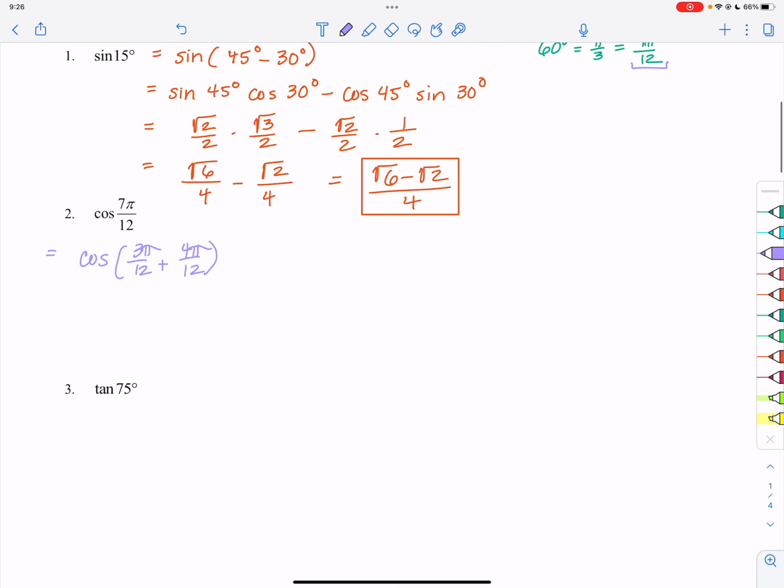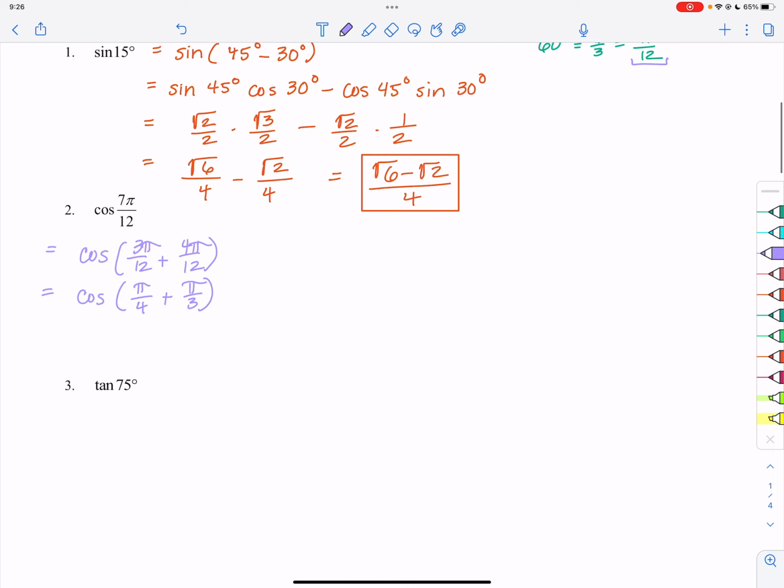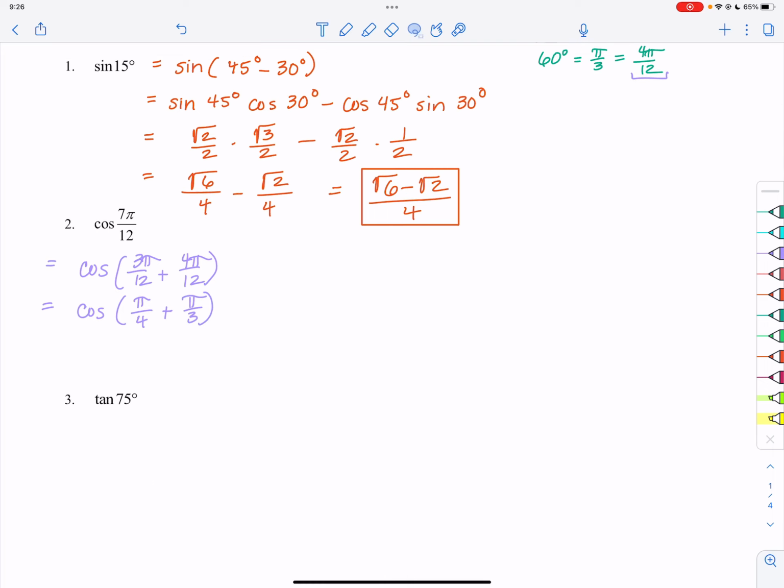So this is equal to the cosine of 3 pi over 12, and we could write this as pi over 4 plus pi over 3. And I think I'll just try to work across here. It might make it a little bit easier.